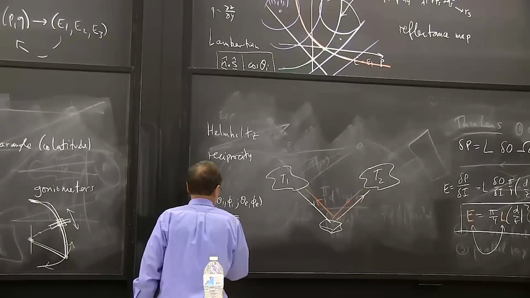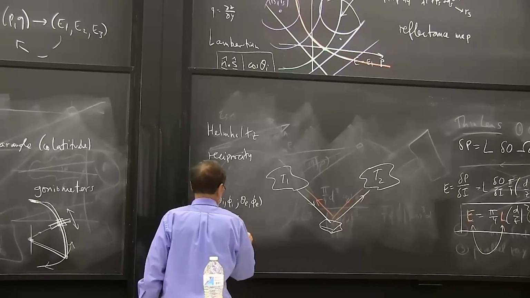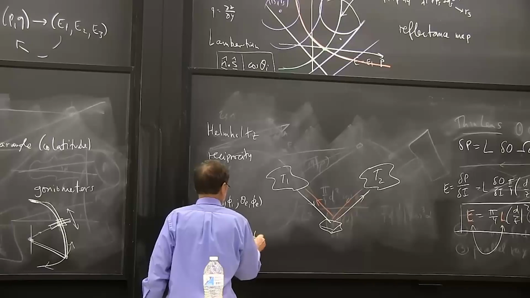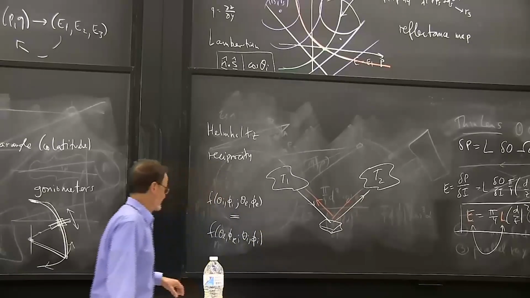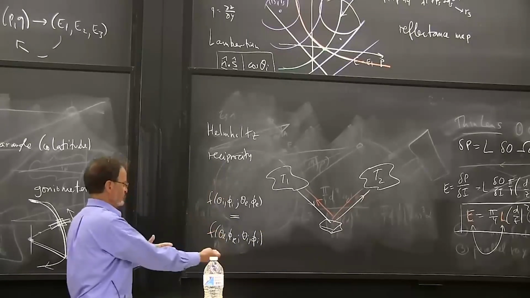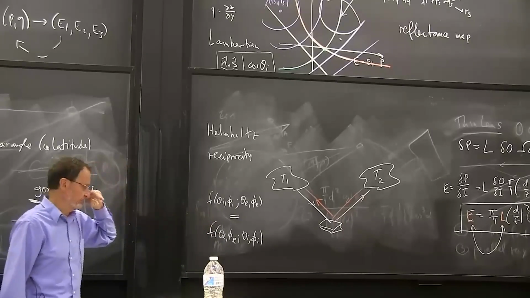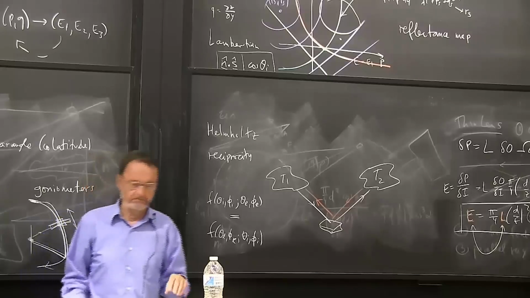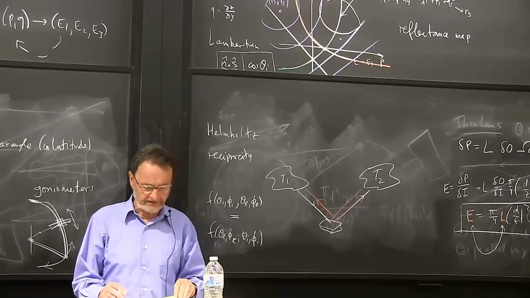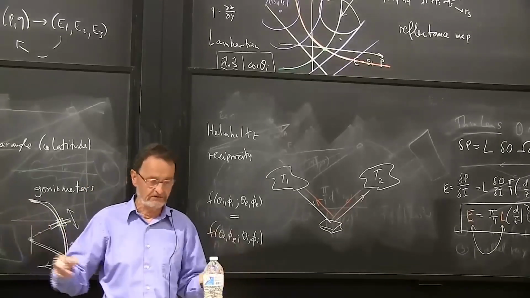So what this is saying, if you interchange incident and emitted, you should get the same value for your bidirectional function. So there's a symmetry, which in a way helps you in the data collection because there's half of the data you don't have to collect.